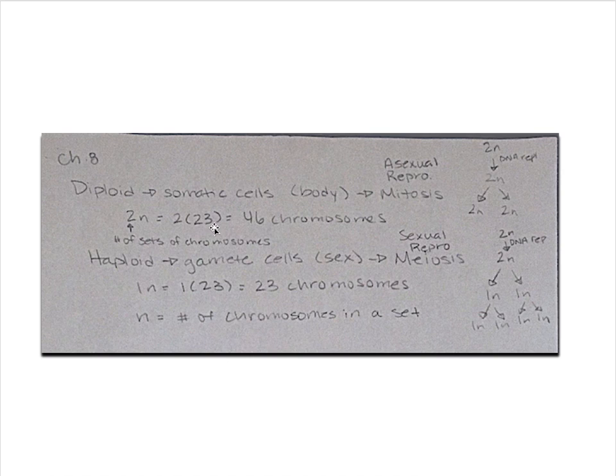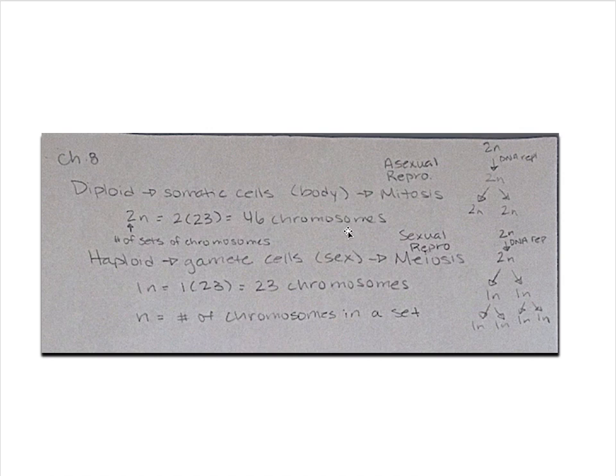So what do we do with those numbers? We multiply them, and we get 46 chromosomes total in a diploid cell. So that's how we get that number 46. There are 23 chromosomes in each set. So there are 23 chromosomes in an egg and 23 in a sperm, and that represents 2 sets. We multiply that together to get 46 chromosomes.